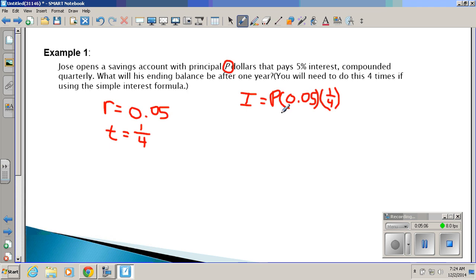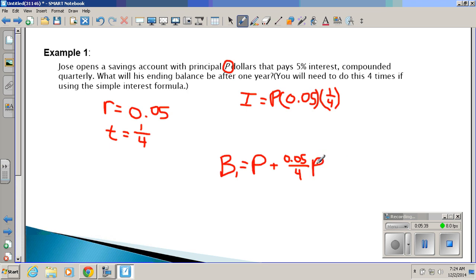Now what's going to happen with this is his balance, so the balance after, let's say, the first quarter, so we'll do B1. Balance after the first quarter is going to be his principal that he started with, that P, whatever amount he starts with, plus, when you multiply this out, you get 0.05 over 4 times the principal he started with.